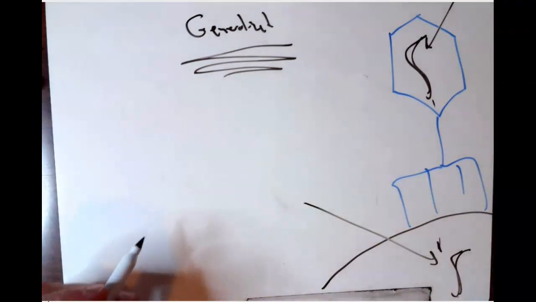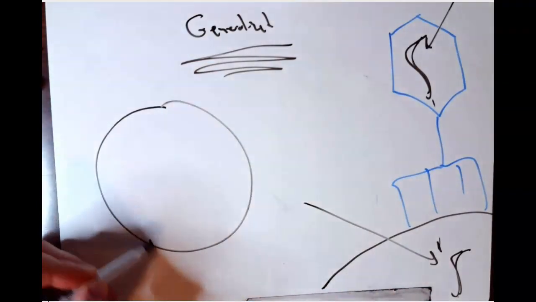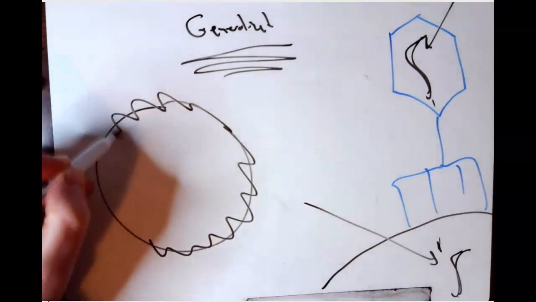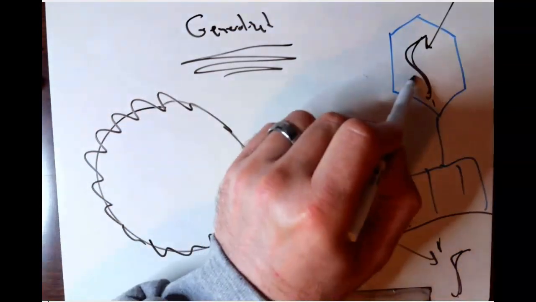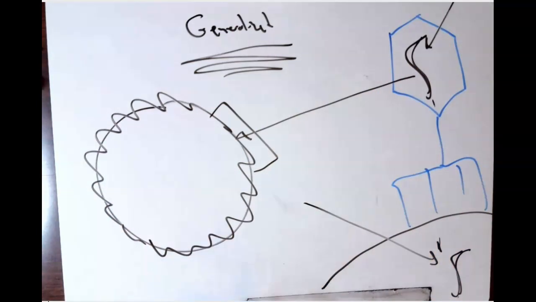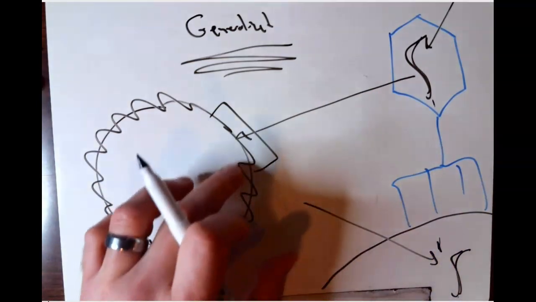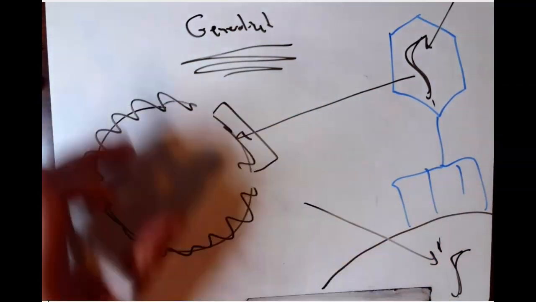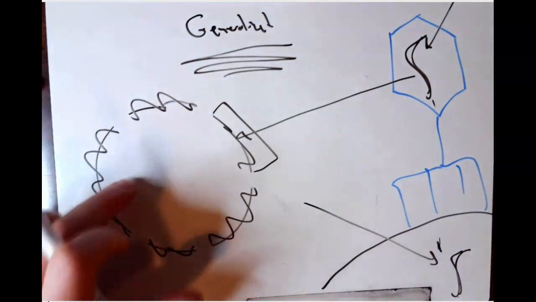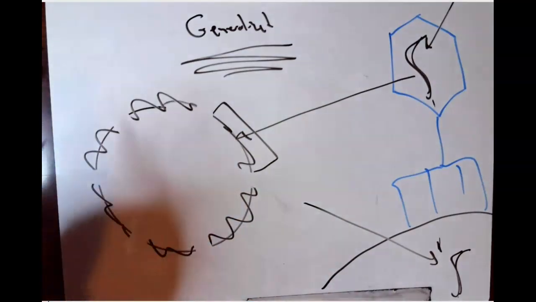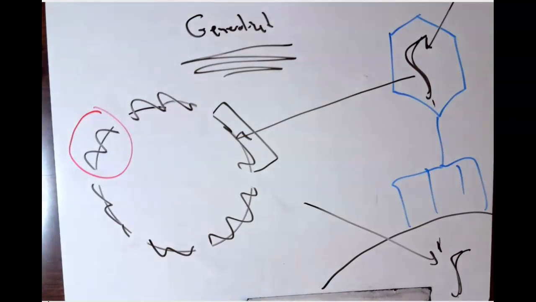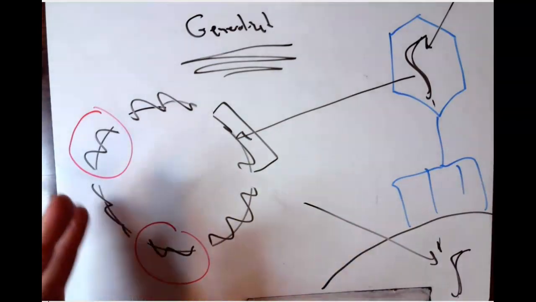Why is it generalized transduction? It's generalized transduction because the fact that this fragment came from this region was random. The genome had fragmented, and it would be just as likely and just as possible that this fragment be transferred in this way, or this fragment be transferred in this way, or this fragment, or this fragment.